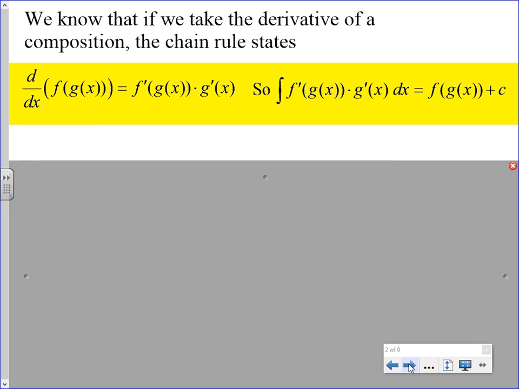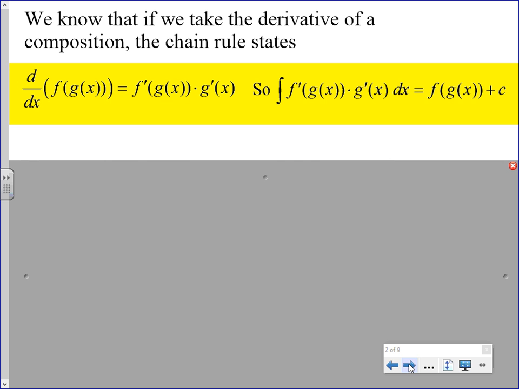So essentially what is going to happen is we're going to have to recognize the composition that will give us this chain rule, okay?